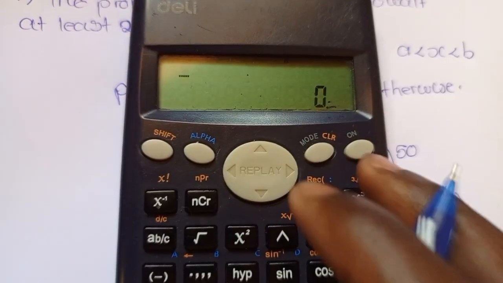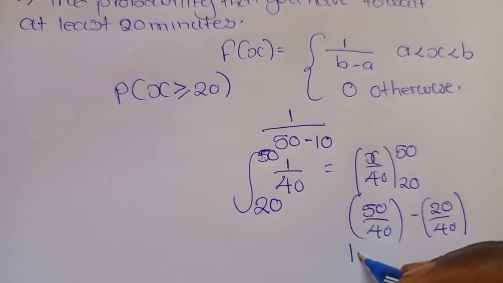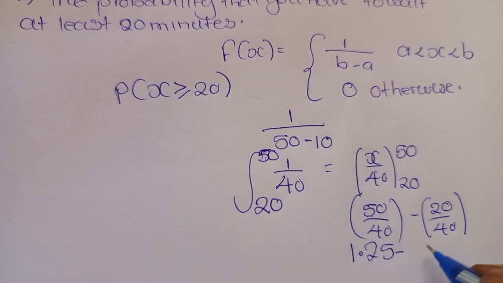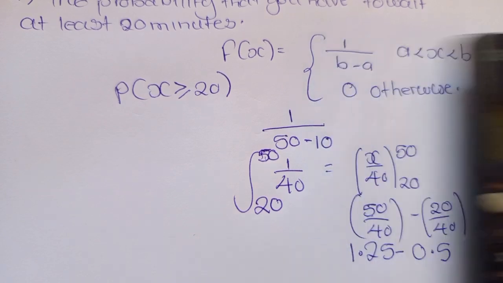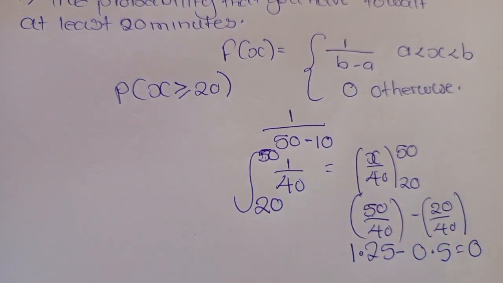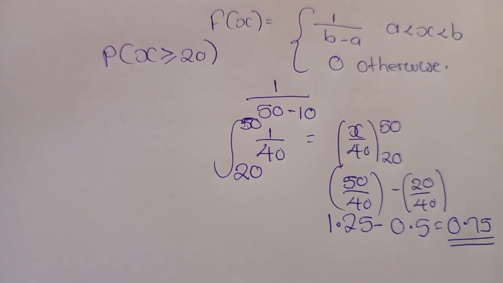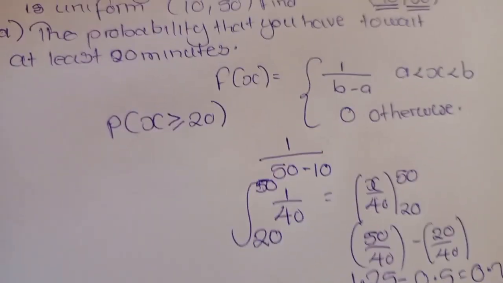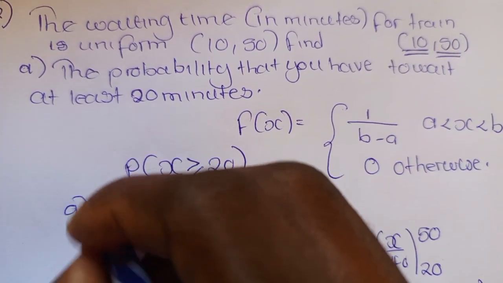When you get your calculator, you divide 50 by 40, you get 1.25 minus 0.5. So we know for sure that 1.25 minus 0.5, you get the answer to be 0.75.